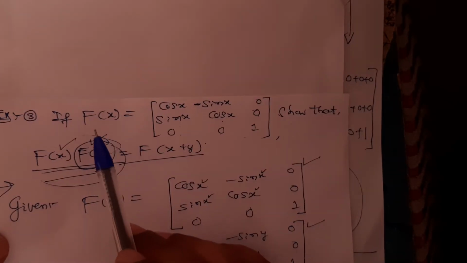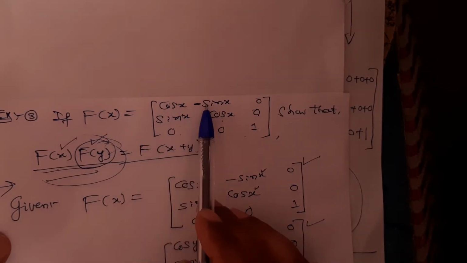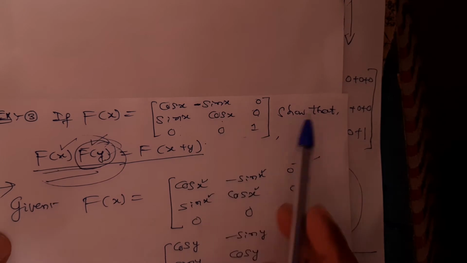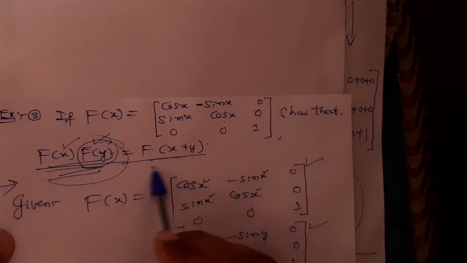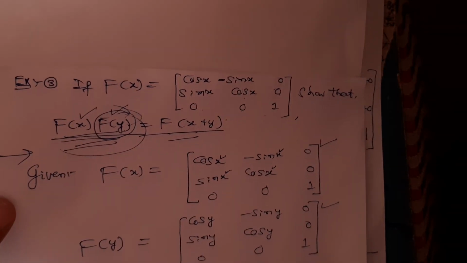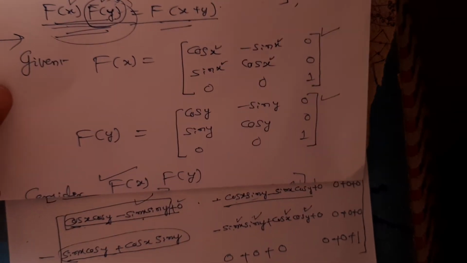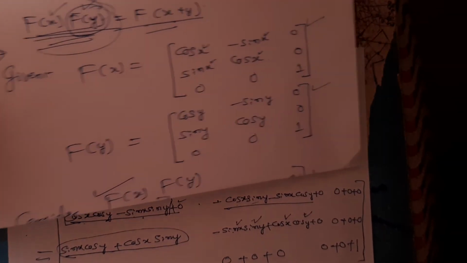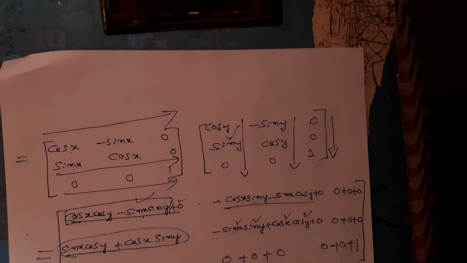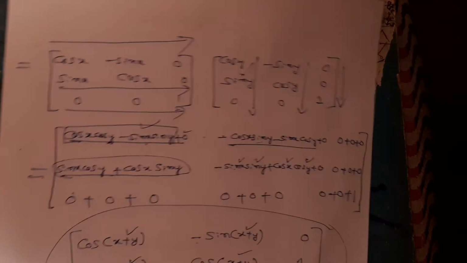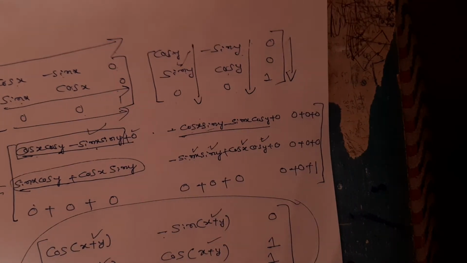So we have considered this formula: if f of x is equal to cos x, minus sin x, 0, sin x, cos x, 0, 0, 0, 1, show that f of x into f of y is equal to f of x plus y. So we have to multiply it like this.